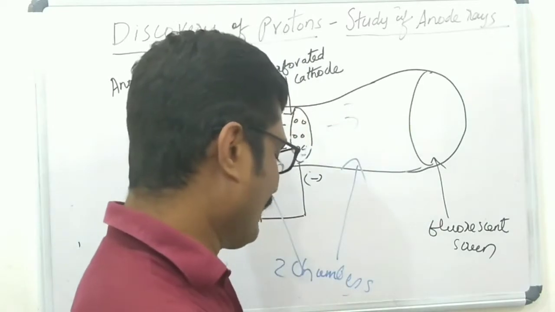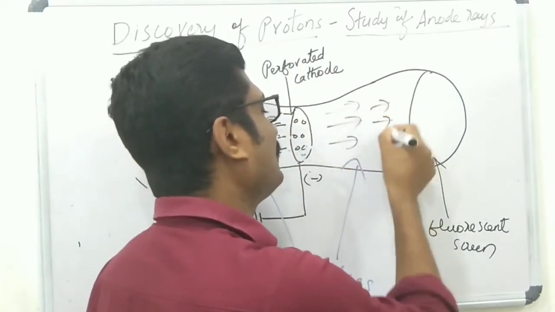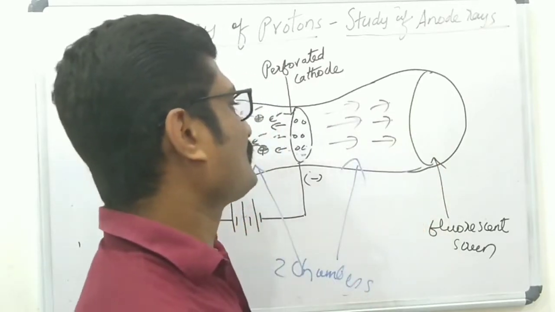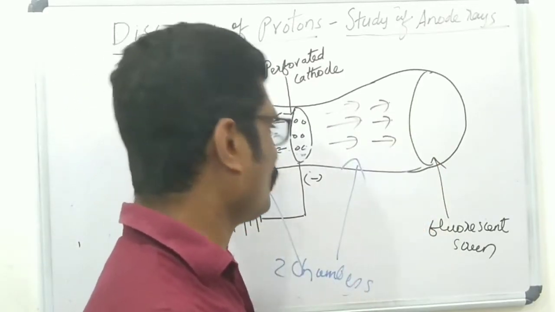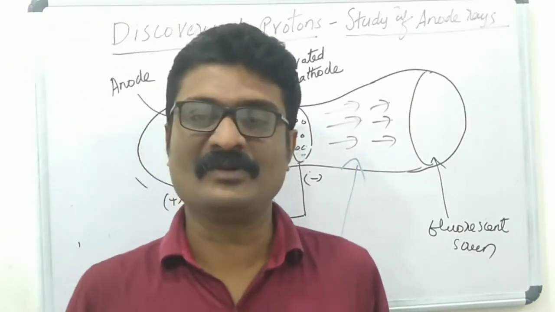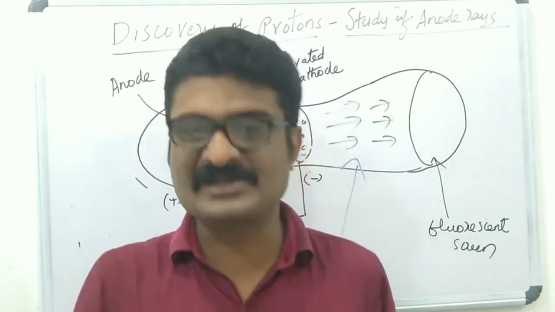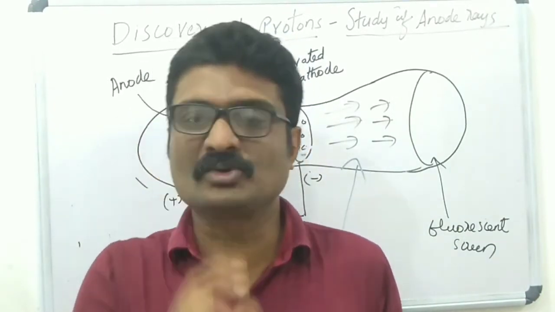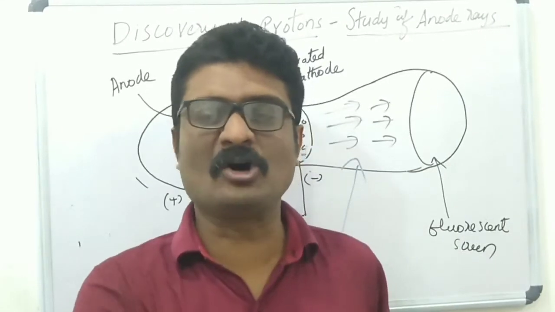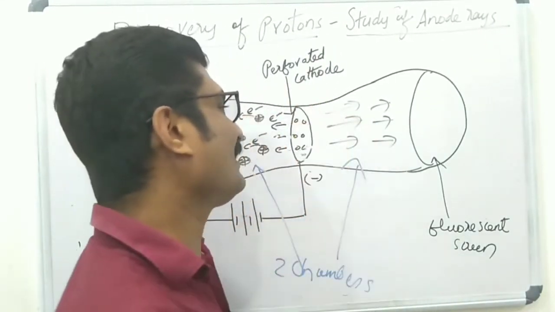On the back side of the cathode, a beam of positively charged particles is formed. This beam of positively charged particles passes through the holes or canals in the cathode.